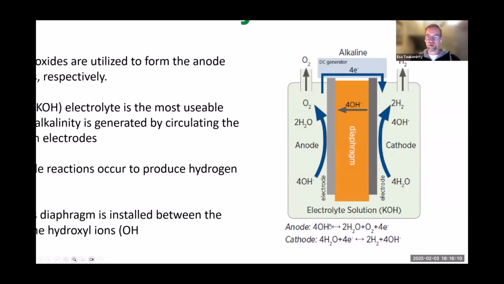The anode reaction is described here. Basically, formation of oxygen takes place at the anode, and on the cathode side hydrogen gas is evolved or generated. Here on the right-hand side, this electrode is the cathode, and the left-hand side electrode is the anode.